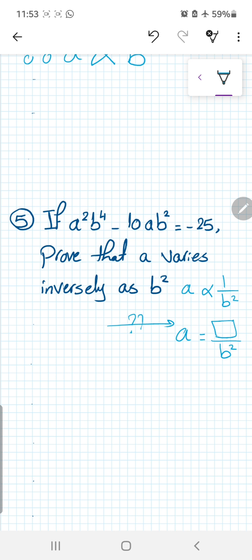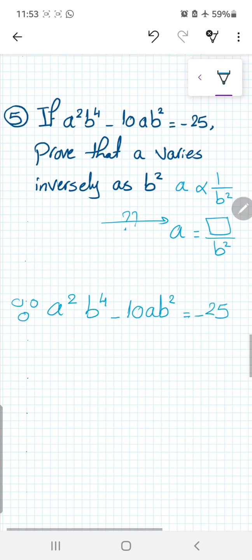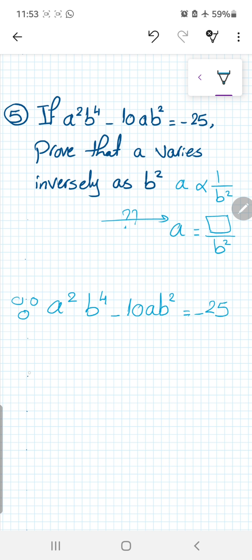First write the equation. Since A power 2 B power 4 minus 10 A B power 2 equals negative 25, move 25 to the other side by positive and order. We get A power 2 B power 4 minus 10 A B power 2 plus 25 equals 0.